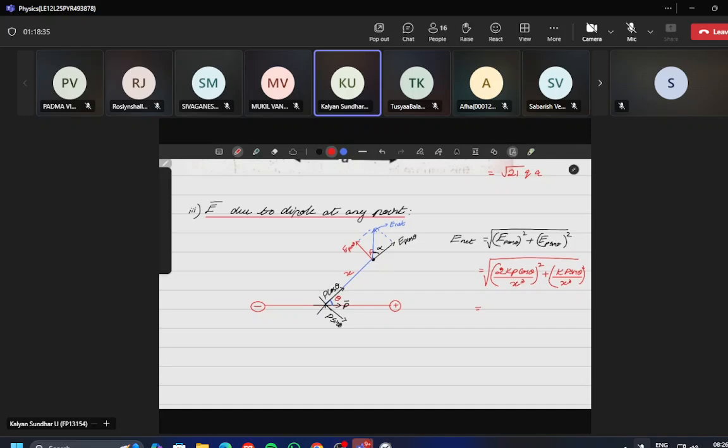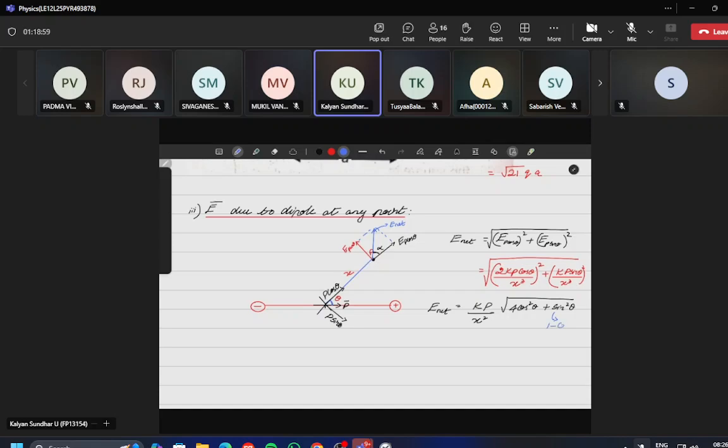Now tell me, who can we take common? Can we take kp by x cube outside? E net will be equal to kp divided by x cube times the root of 4 cos square theta plus sin square theta. Right? How can we write sin square theta?